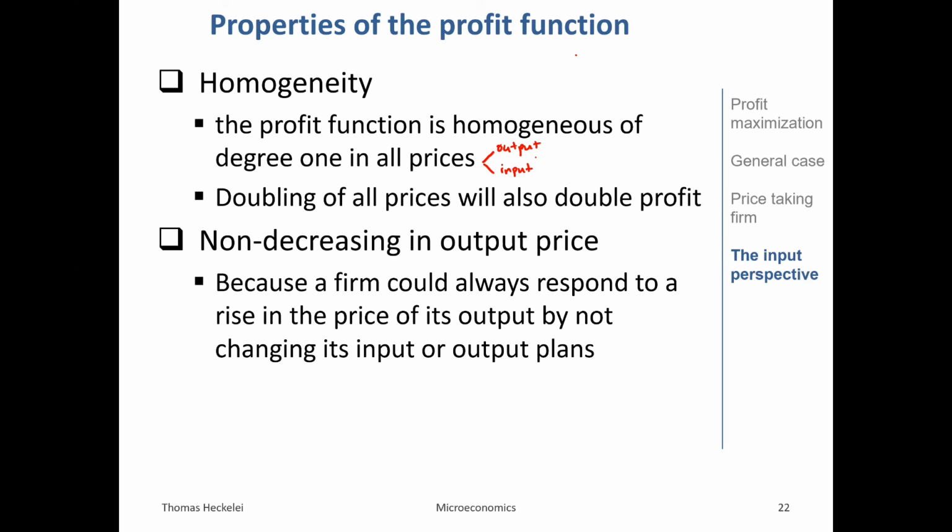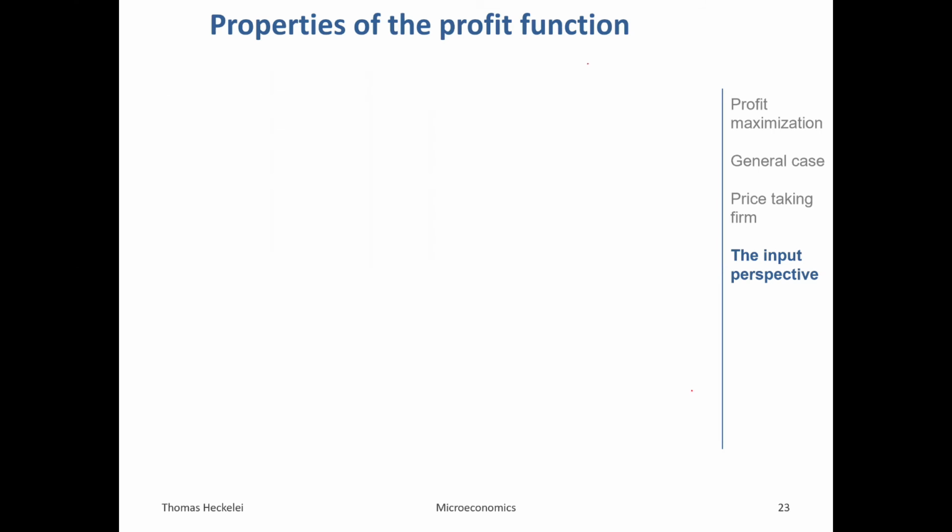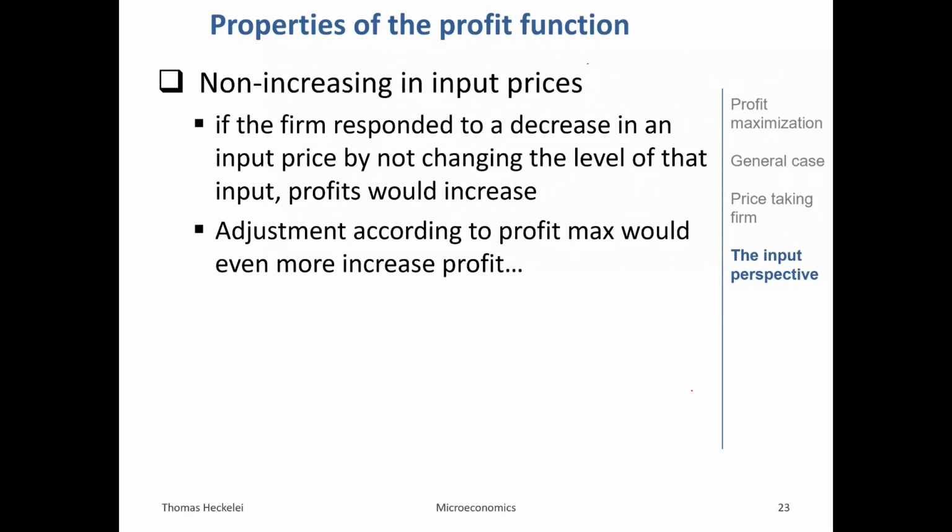Now, next property, non-increasing in input prices. Also quite intuitive, right? So imagine everything stays the same, but one day the input cost for all the ingredients to the pho business example that I said last time increases.